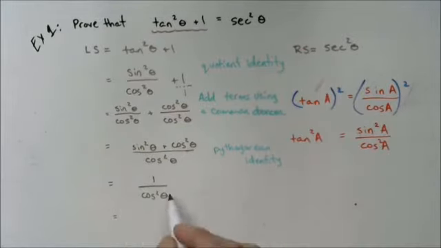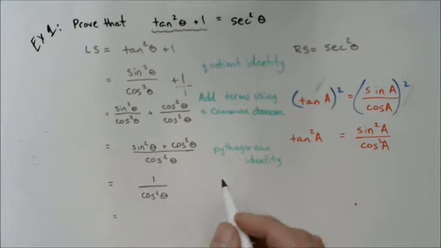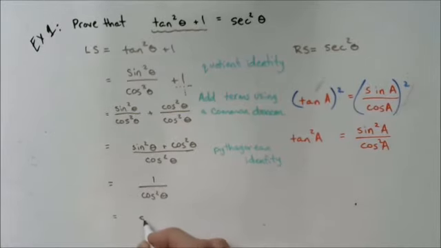So the reciprocal of this is secant squared of theta, because they are reciprocal ratios. And we've shown that left side equals right side.